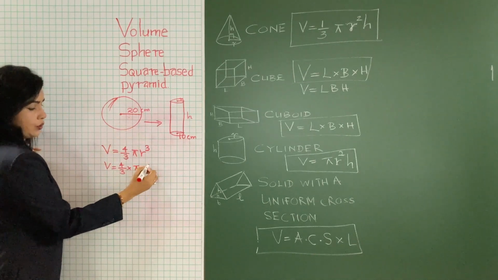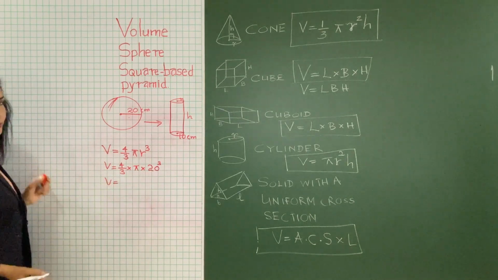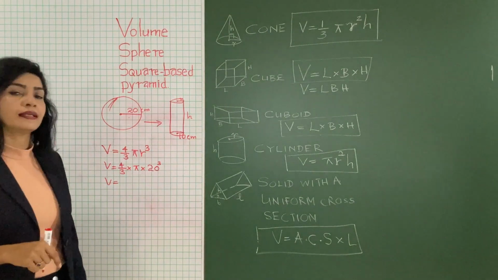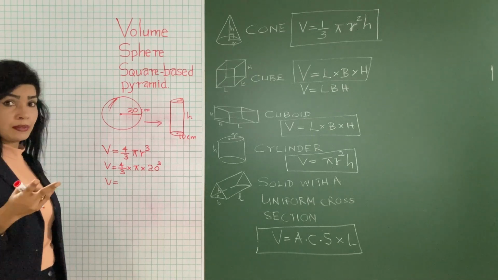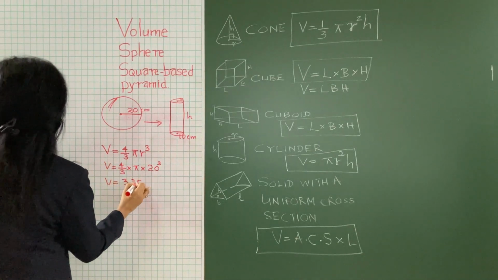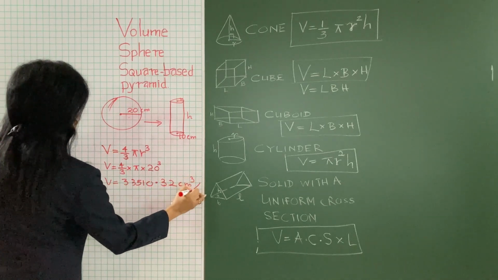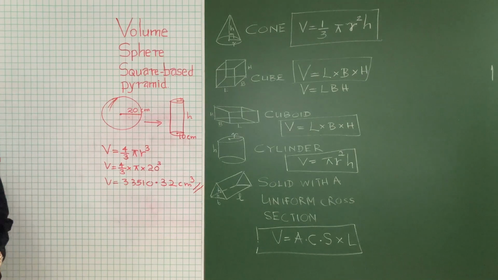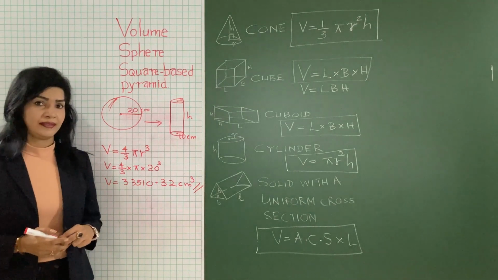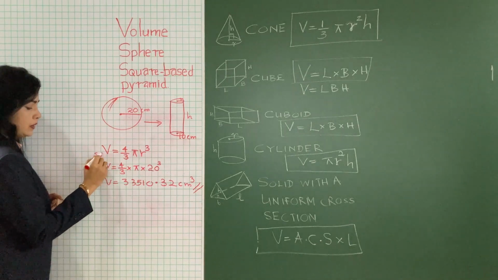And then r cube is 20 cube. So the volume is equal to, so find out the answer and let me know for 2 decimal places. Yes? Is it this? 33,510.32? Very good. So we have found the volume of the sphere now.